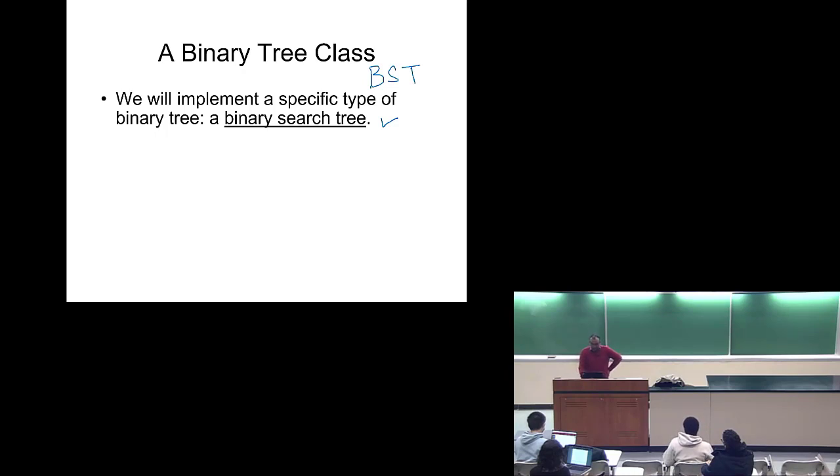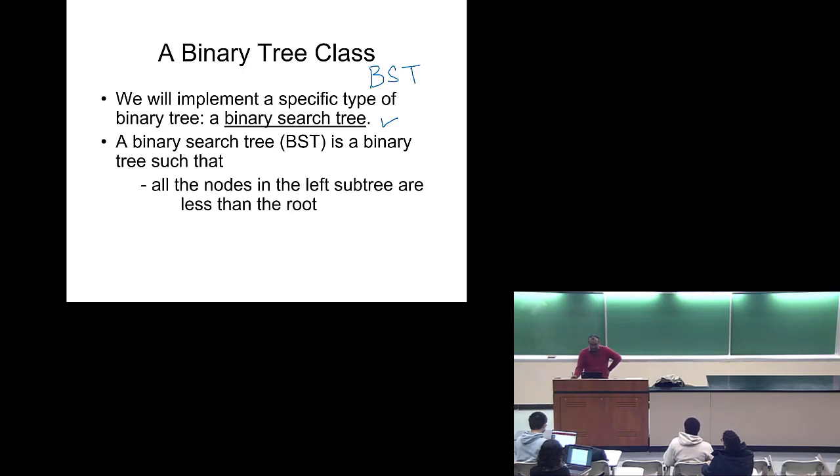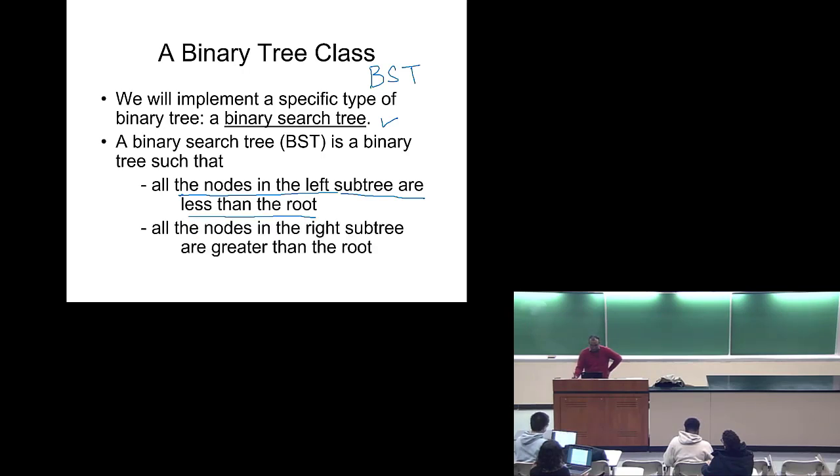Alright, so what is the interesting property of this tree? It is binary, and all the nodes in the left subtree are less than the root, and all the nodes on the right subtree are greater than the root, right?